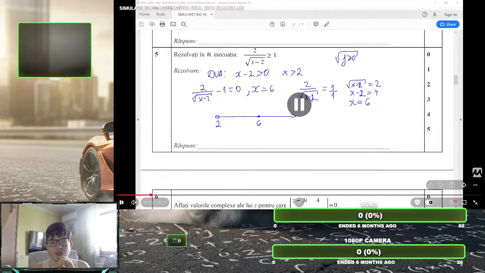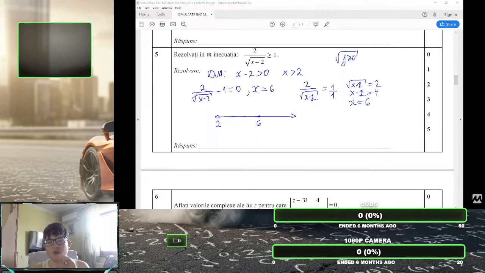But here, I think we don't need just the solution, we need the interval, from which it's positive or equal to 1. So we need to find the plus and minus signs. Essentially, let's take a value, for example 3, and plug it in.